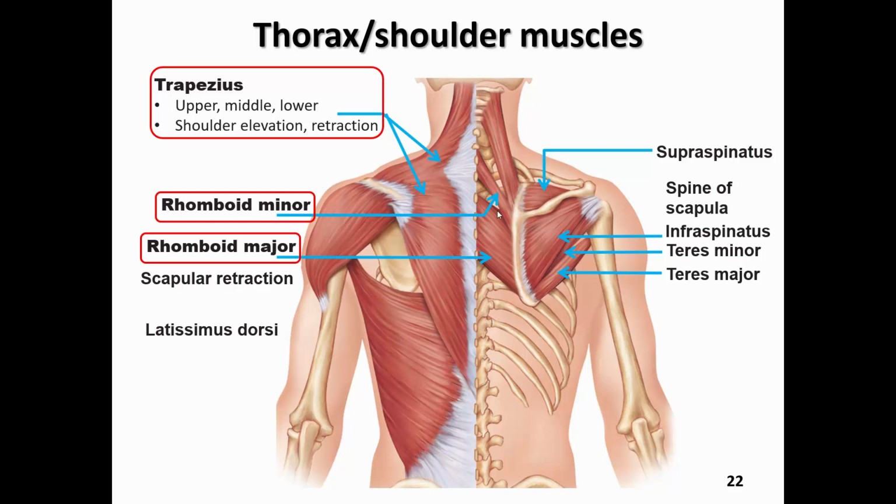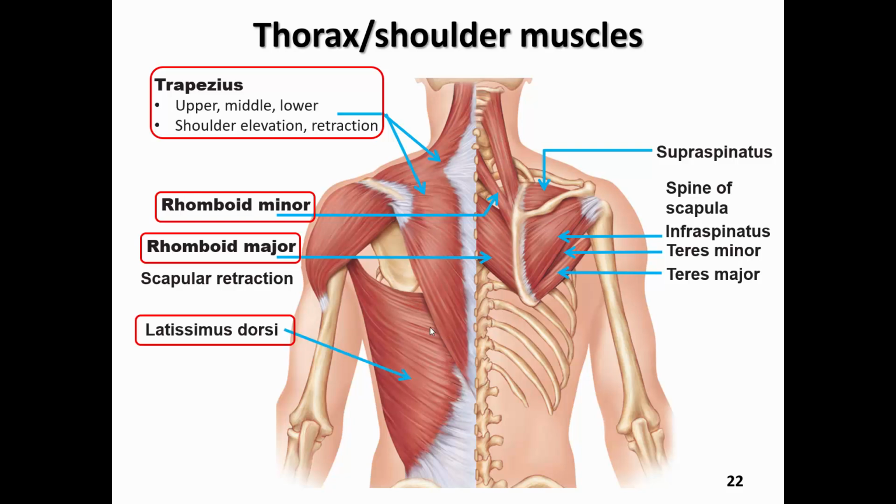When these muscles deep to the trapezius contract, they have a similar function to the trapezius in that they pull the insertion towards the origin located along the spine and retract the shoulder. So the shoulder will move in a posterior direction, essentially having the effect of pinching the shoulder blades together.